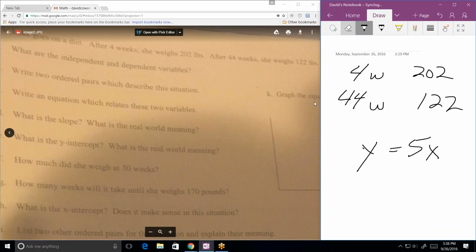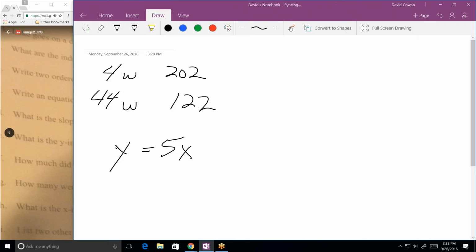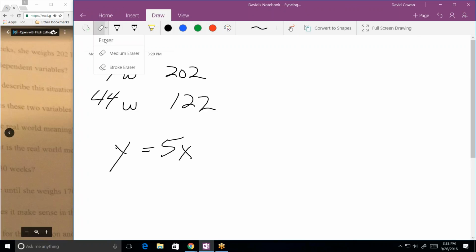I don't know. Write two ordered pairs which describe this situation. 44, 122 and 4, 202. Correct. Write an equation which relates these two variables. So you find the slope by finding the difference in the 2 points. Yeah, that's a good start.